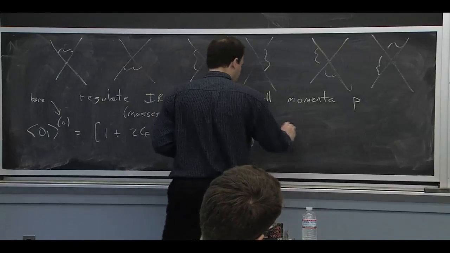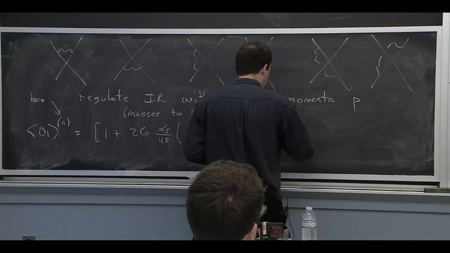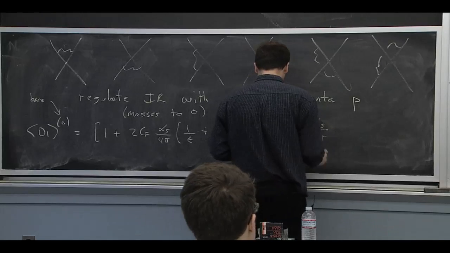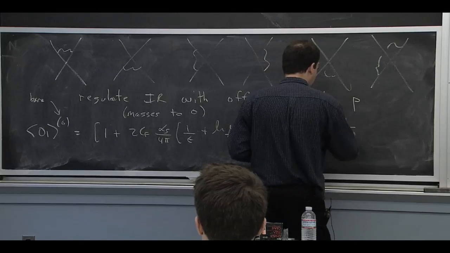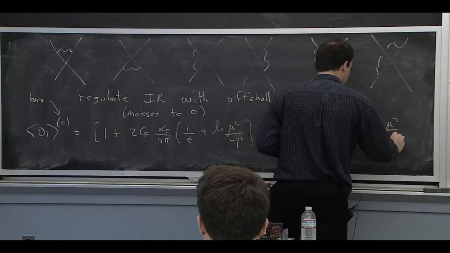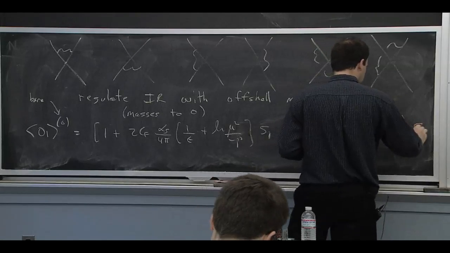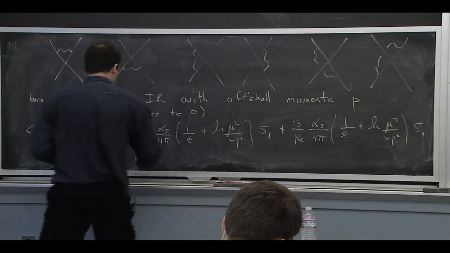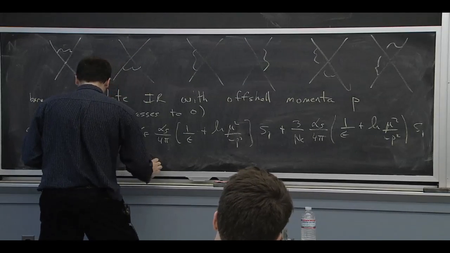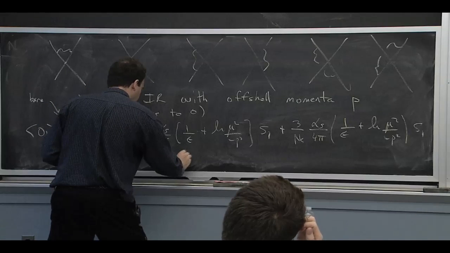And then there's another piece that involves spinor 1. And then there's a piece that involves spinor 2 that shows up from these loop graphs.